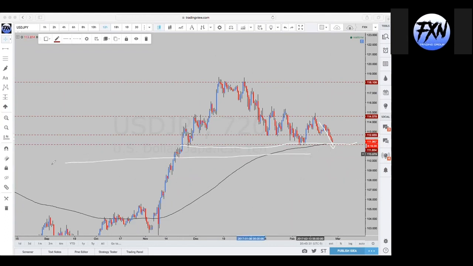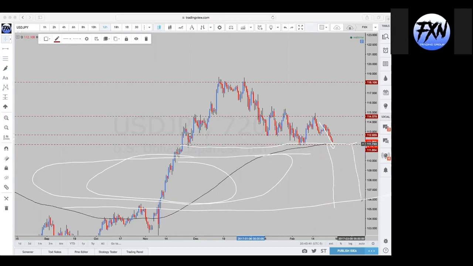Does it have anything at all here that can stop it from going lower? Is there anything at all here? There's nothing but open space until you get to down here. So you're talking about a massive drop.